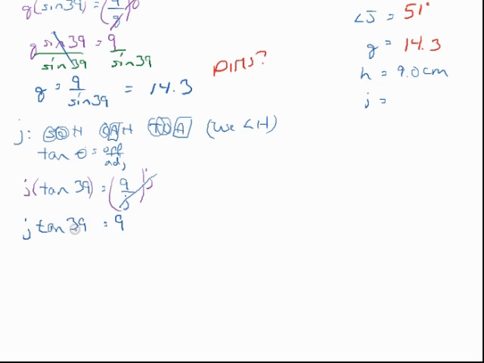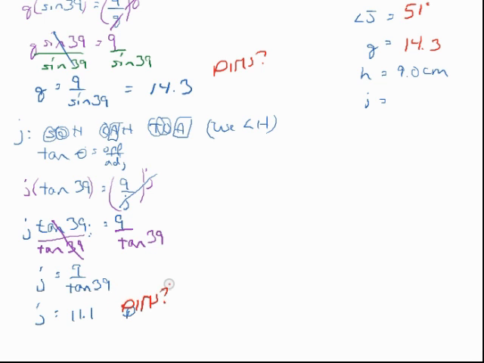Now I need to divide this side by tan 39, divide that side by tan 39, those cancel out, and I'm left with J. And J equals 9 divided by tangent 39, and J equals 11.1. Oops, the red pen. Dims, let's go back to our triangle.